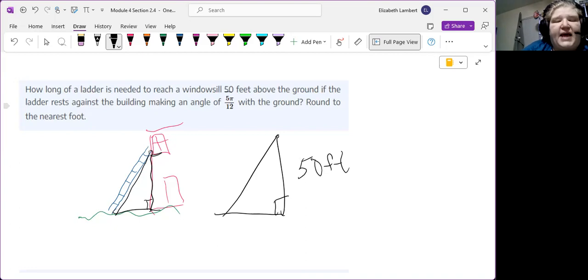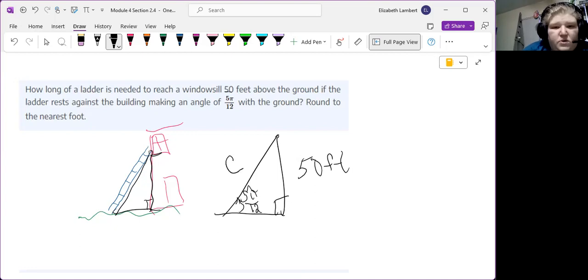Then we're told that the ladder is making an angle of 5 pi over 12 with the ground. So I look at the ground and my angle measure there. So this angle is 5 pi over 12. And then we go back, how long of a ladder is needed? The length of the ladder is the hypotenuse.